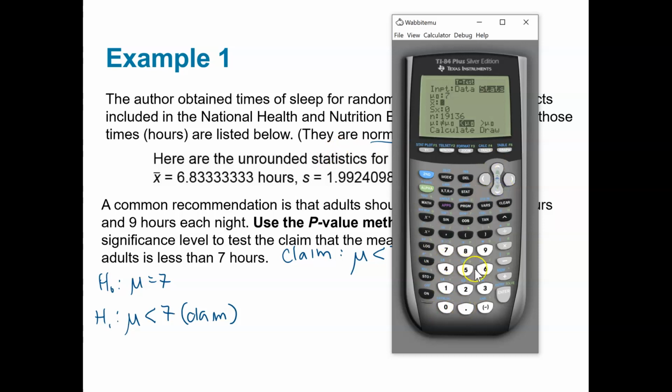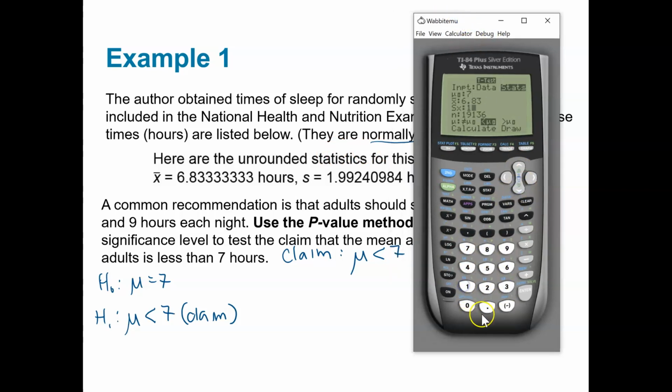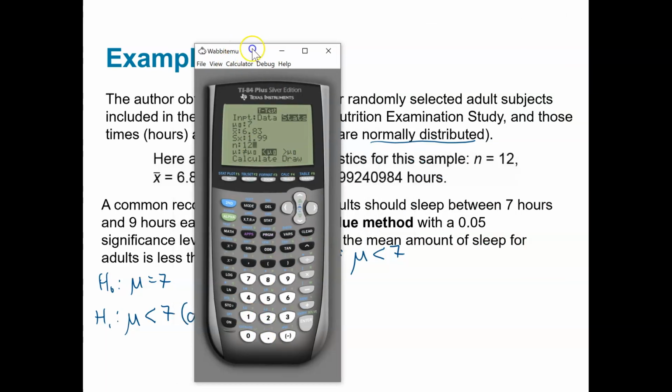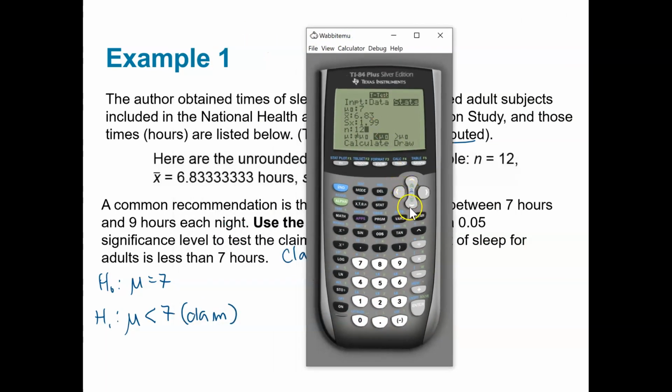And our x bar is 6.83. Our sample standard deviation is 1.99. And our n is 12. And our symbol is less than. So that will stay the same, what's already highlighted, and we'll calculate. So if we're doing the p-value method, our p-value is 0.386.